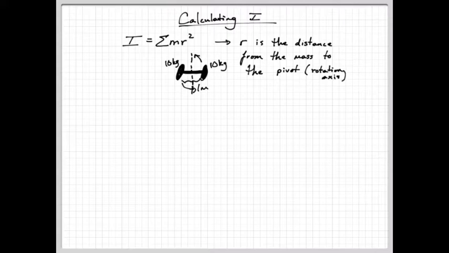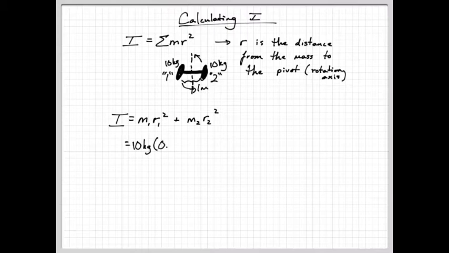So let's label these masses. We'll say that the one on the left is mass 1, and the one on the right is mass 2. So if I want to calculate the moment of inertia here, it would be the sum of these two things: m1 r1 squared plus m2 r2 squared. Mass 1 is 10 kilograms, and it is located half a meter away from the pivot point, because if the pivot's right in the middle, then the mass is exactly half of that distance away.